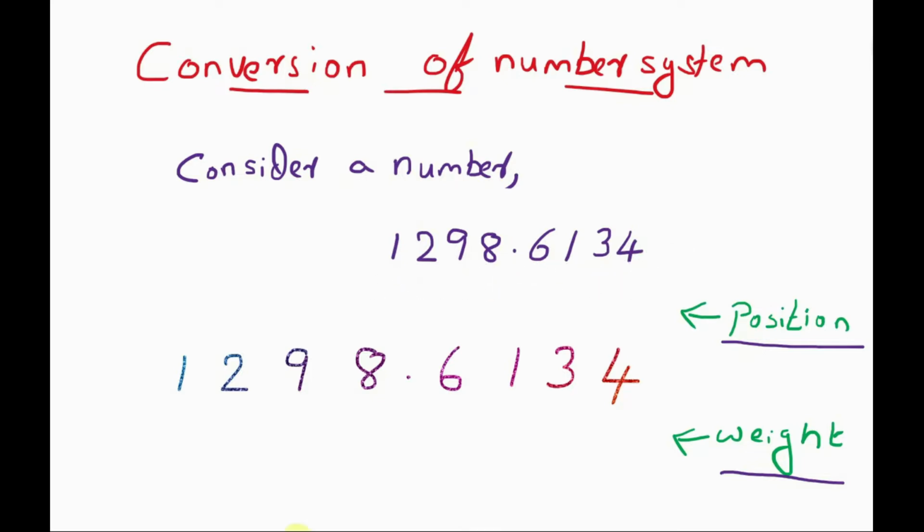If a number system is binary, for example 1101, then it will be written as to the base 2, and this subscript 2 indicates this number is a binary number.